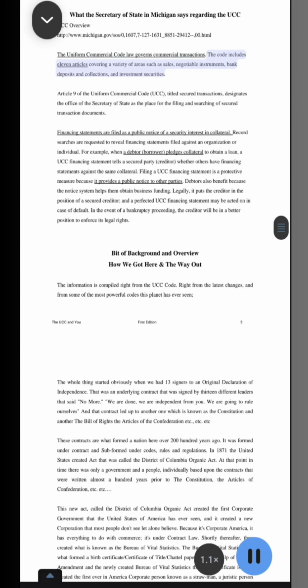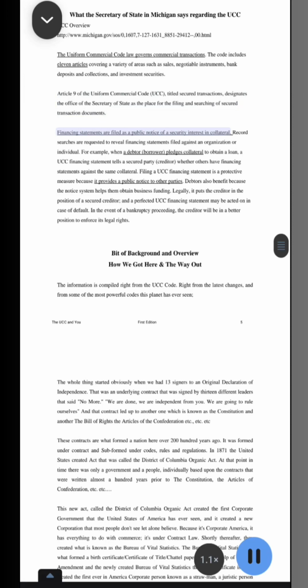The code includes 11 articles covering a variety of areas such as sales, negotiable instruments, bank deposits and collections, and investment securities. Article 9 of the Uniform Commercial Code, UCC, titled Secured Transactions, designates the Office of the Secretary of State as the place for the filing and searching of secured transaction documents.